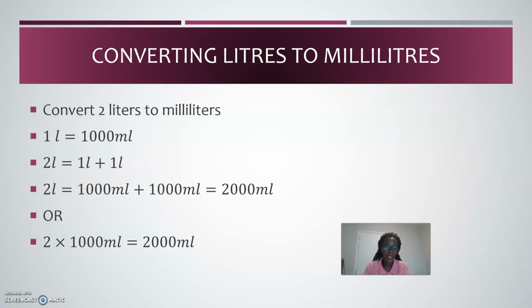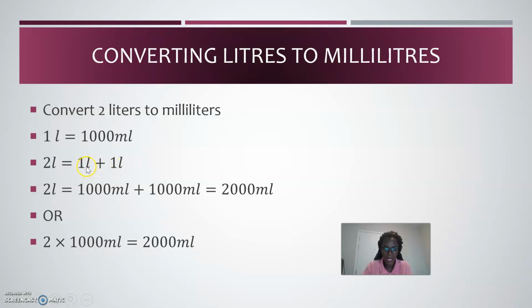So there are two ways you can approach it. You do the multiplication way or the addition way. Though the addition way might become a bit too much, especially when you have to deal with bigger numbers. Okay, let's say we want to convert 2 liters to milliliters. All right, we know that 1 liter is 1,000 milliliters. So what we can do is break down 2 liters into small parts of 1 liter.